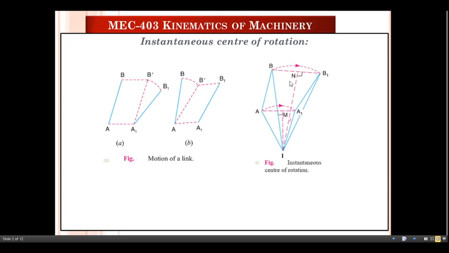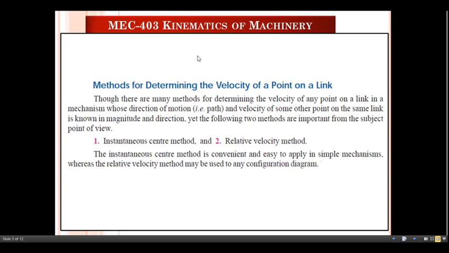Let these bisectors intersect at point I, which is the instantaneous center of rotation or virtual center of the link AB. So this is the information regarding the instantaneous center of rotation.